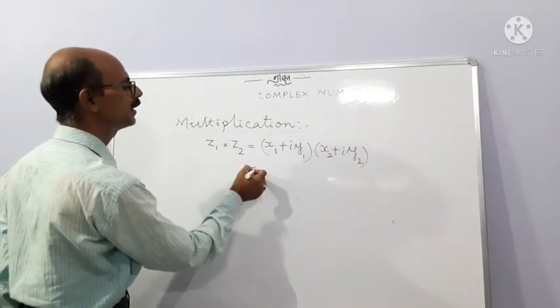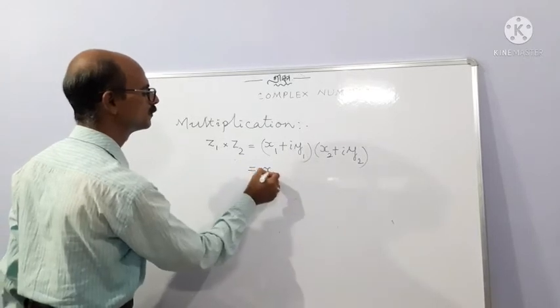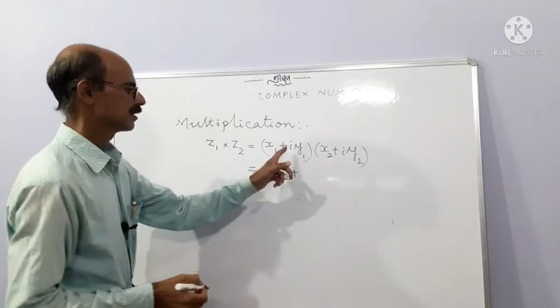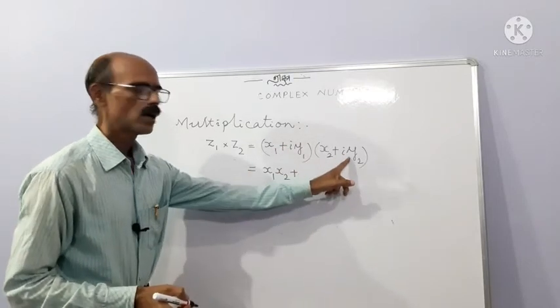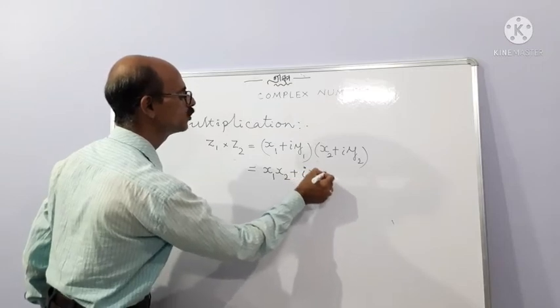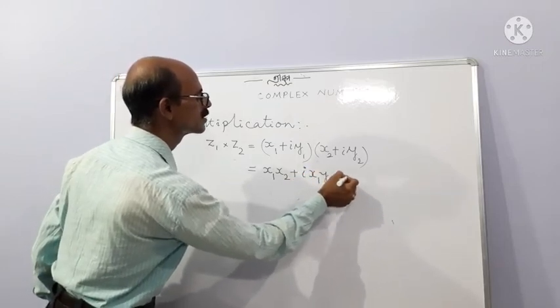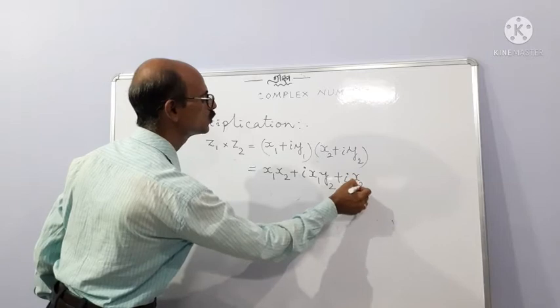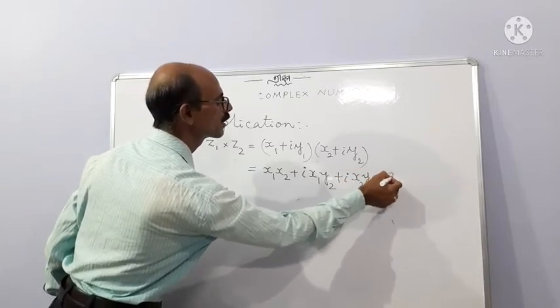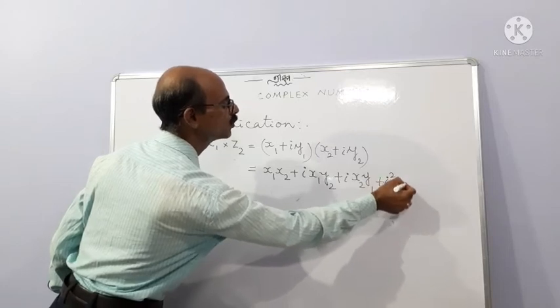If we multiply it, x1 into x2, then plus x1 into i y2, so i x1 y2, plus i x2 y1, plus i square y1 y2.